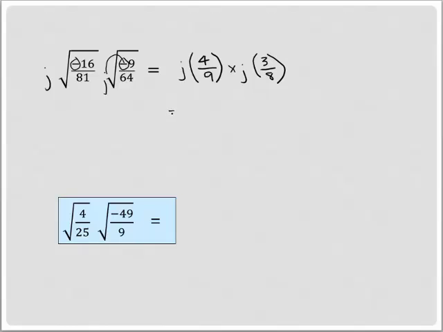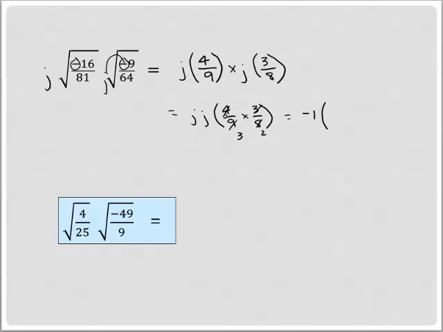Okay, so let's rewrite this a little bit. We've got j times j times 4 9ths times 3 8ths. And this is just a fraction simplification. Again, we'll make this a 2, take this out, and make this a 3. So what do we have here? J squared is equal to negative 1.